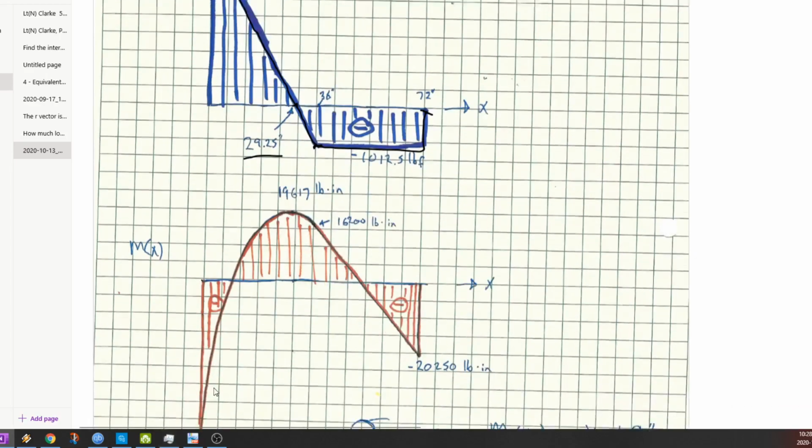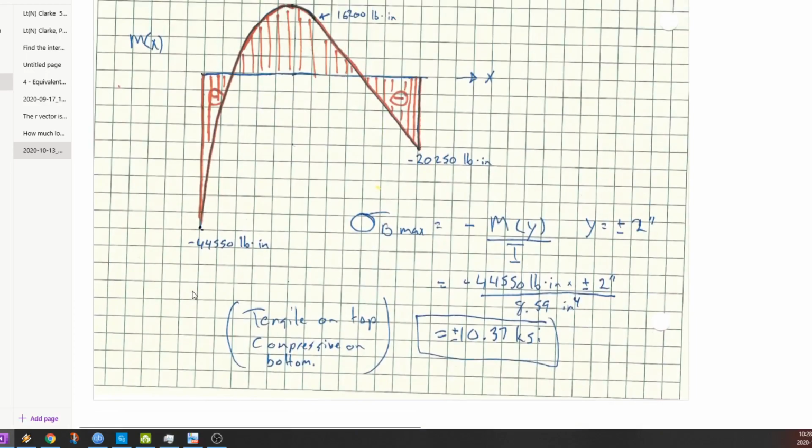So that's going to be an increase of 64,169 pound-inches.